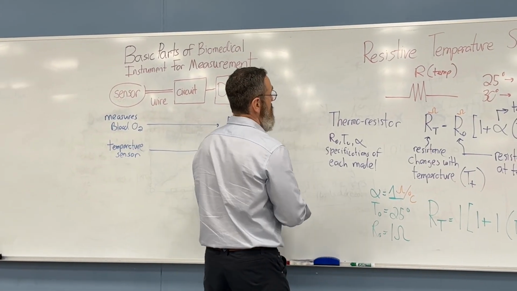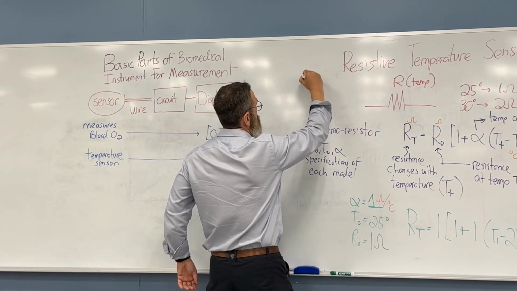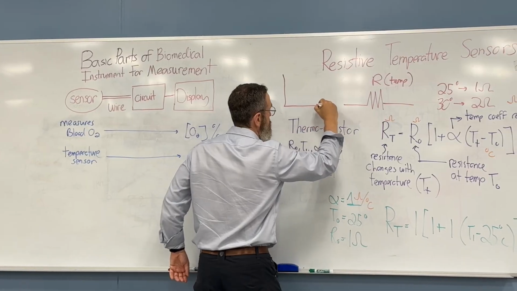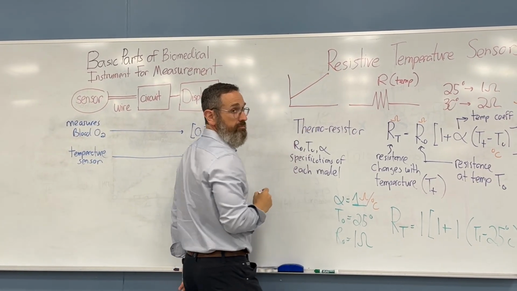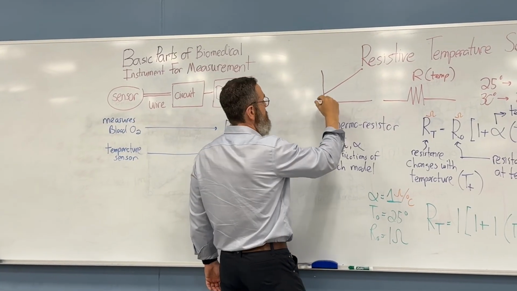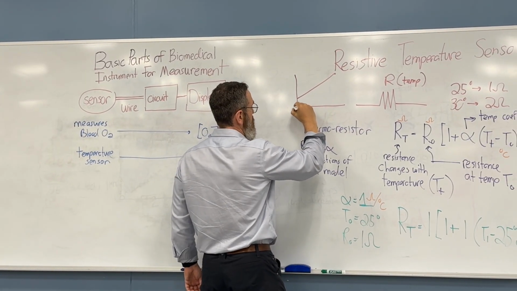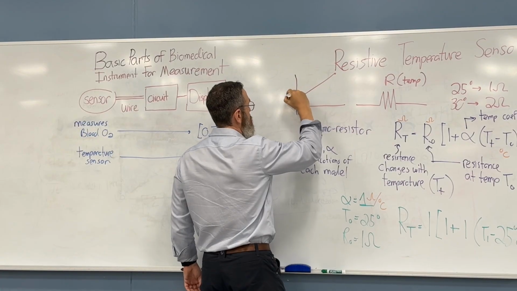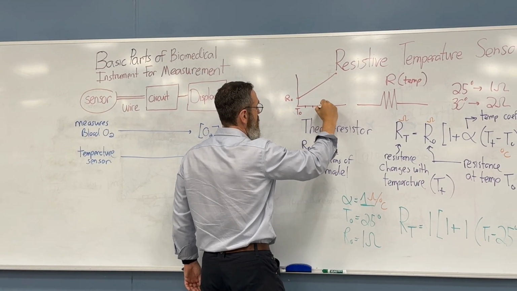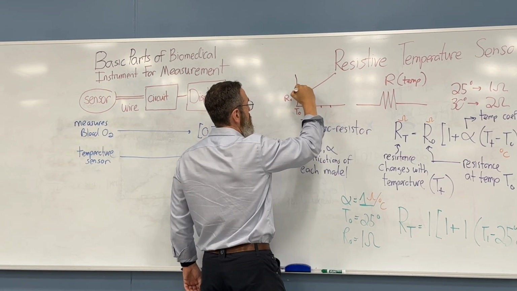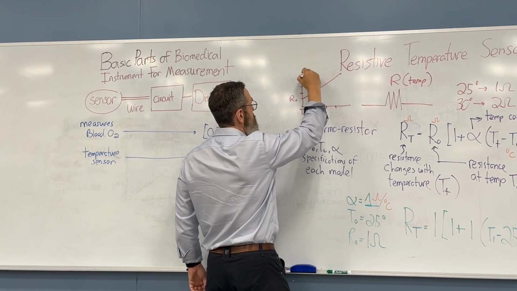And that relationship for a thermoresistor looks like a straight line. Right? If we set here as T sub 0, then we will start with R sub 0, and as the temperature goes up, so will the resistance.